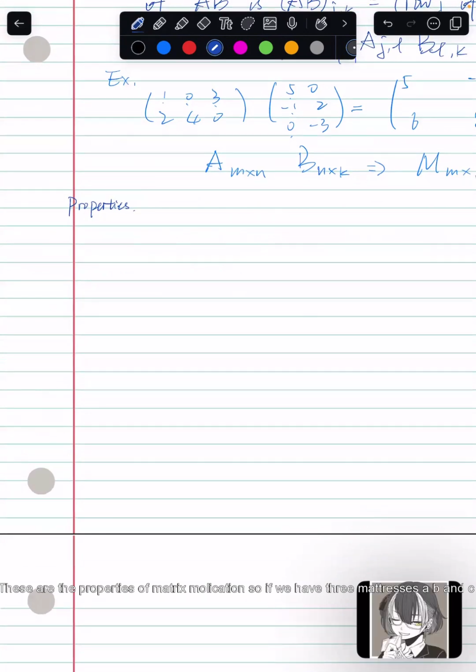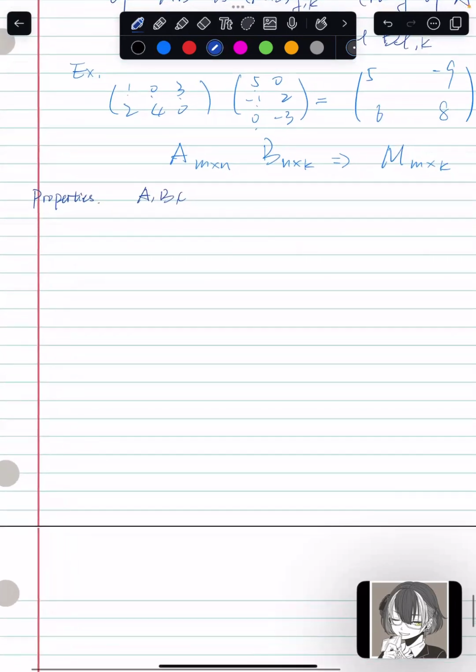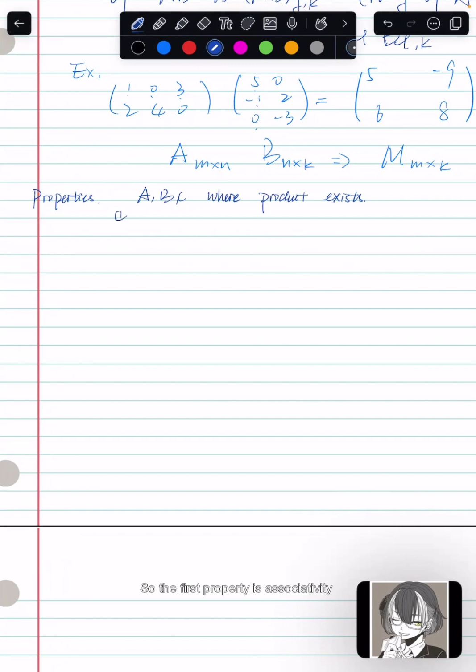So if we have 3 matrices A, B, and C, where the product exists. So the first property is associativity.